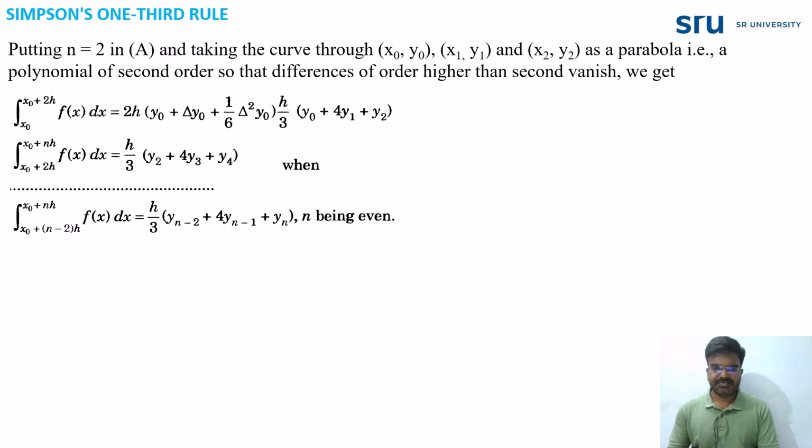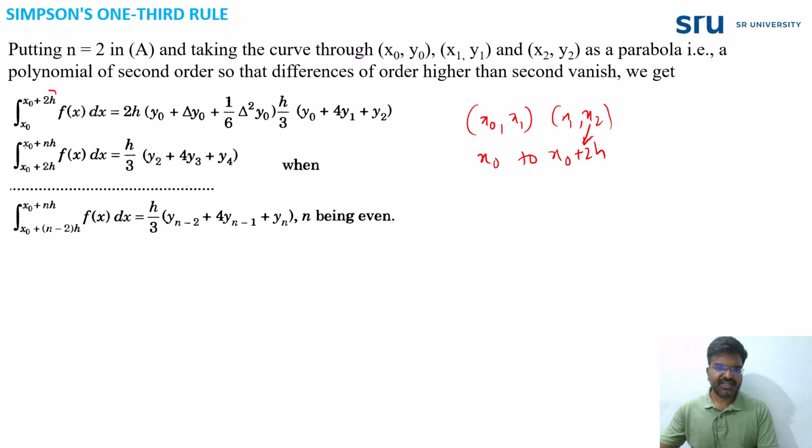You can see here, first we are taking two subintervals, x0 comma x1, then x1 comma x2. The first integration on these two subintervals means x0 to x0 plus 2h. x2 I can write as x0 plus 2h.